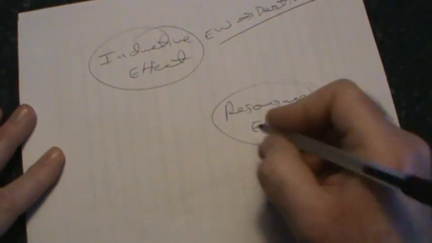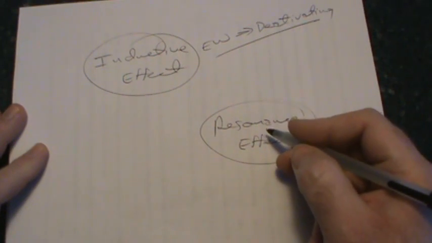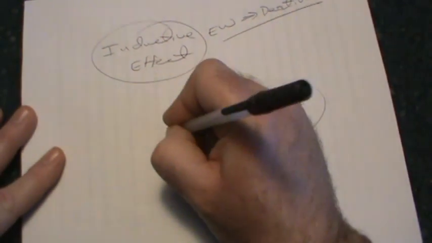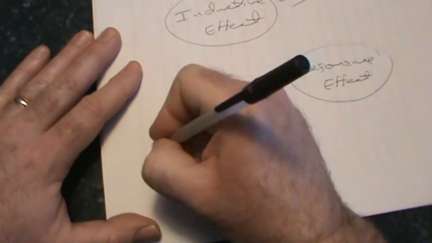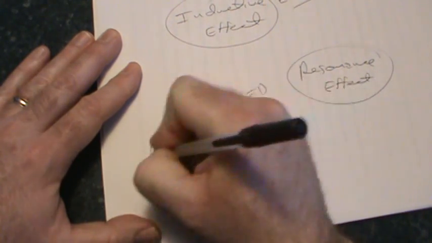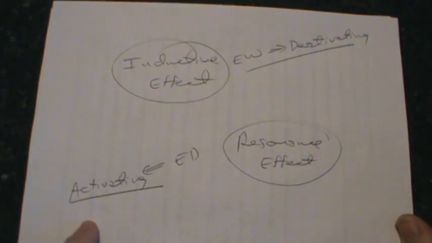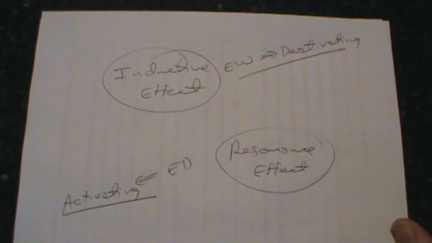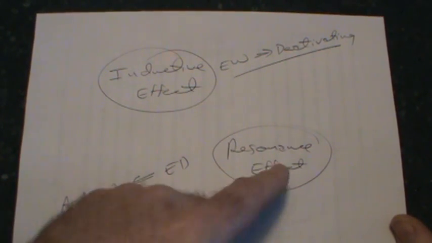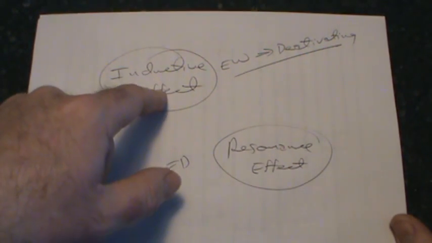The resonance effect, on the other hand, is taking that lone pair electron density on the heteroatom and pumping it into the ring. It's an electron donating effect, leading to an activation. So they're working against each other. The inductive effects are deactivating the ring. The resonance effects are activating the ring. For every substituent except the halogens, the resonance effects trump inductive effects.